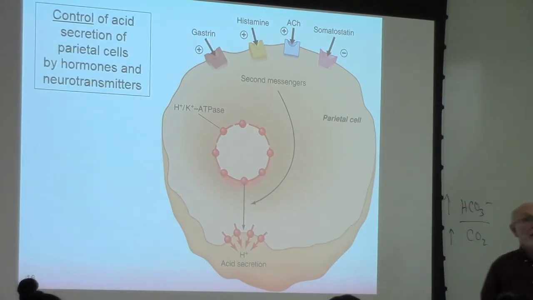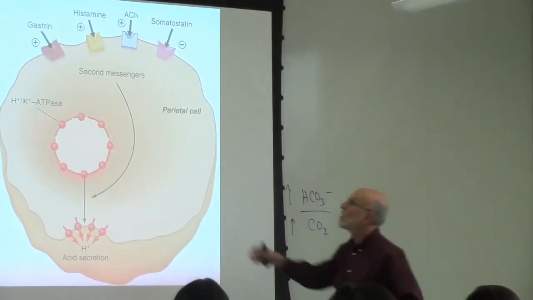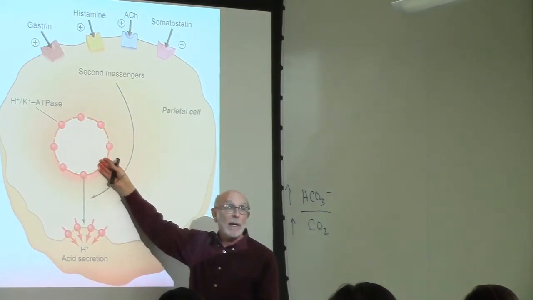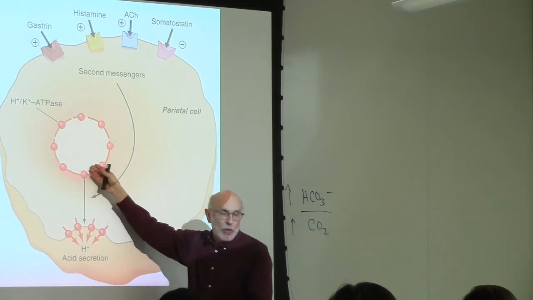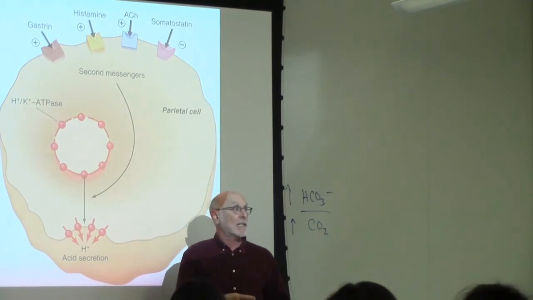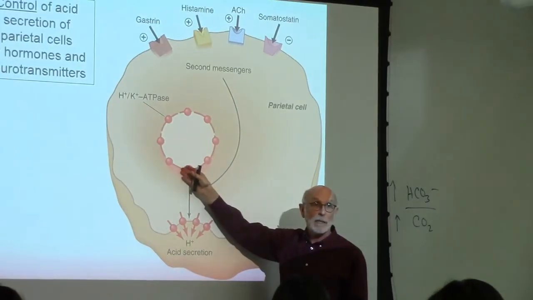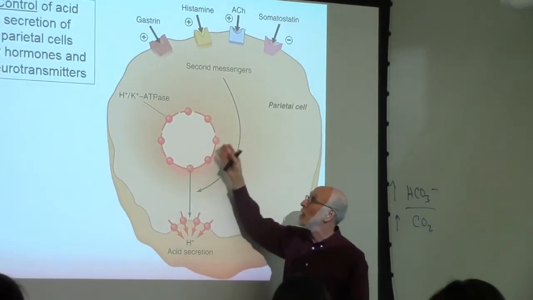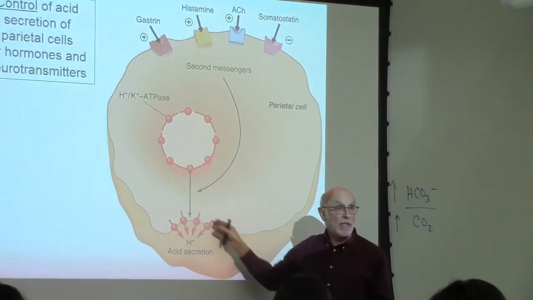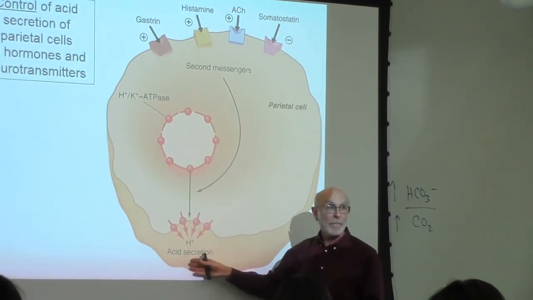The basolateral membrane, in this case, has receptors for neurotransmitters and hormones that cause the exocytosis. So the proton ATPase is in intracellular vesicles. Between meals, when we do not want to be pumping acid into the lumen of the stomach, the vesicles contain the proton ATPase, waiting for a trigger to get exocytosed into the apical membrane, delivering all this pump, which will then start pumping acid into the lumen of the stomach.